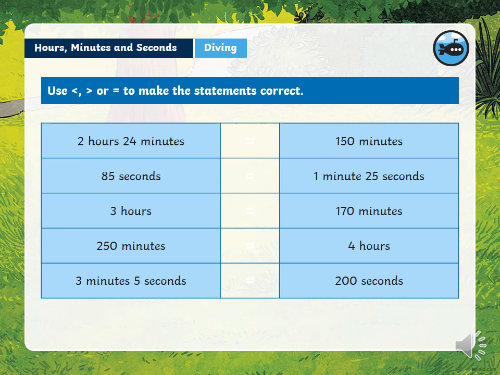So what you have to do is convert 2 hours and 24 minutes into minutes to see if it's more than 150 minutes, or what you could do is convert the 150 minutes into hours and minutes, so then you can compare. So remember, you have to make both of them the same, either hours or minutes, in order for you to then compare it.